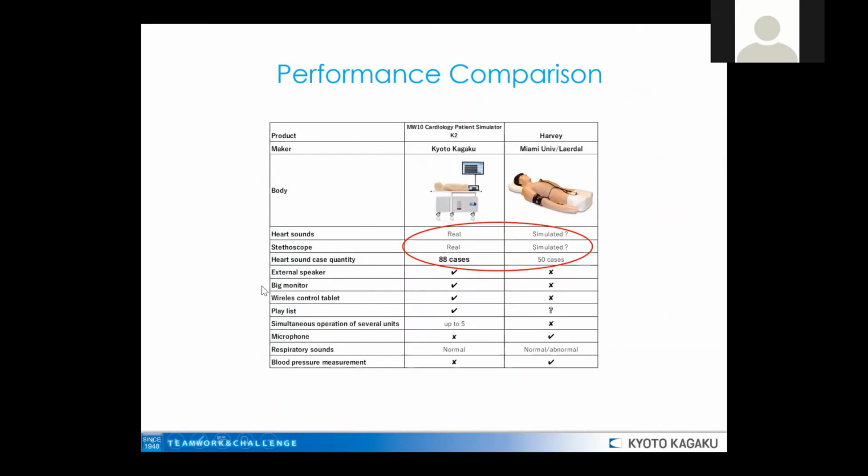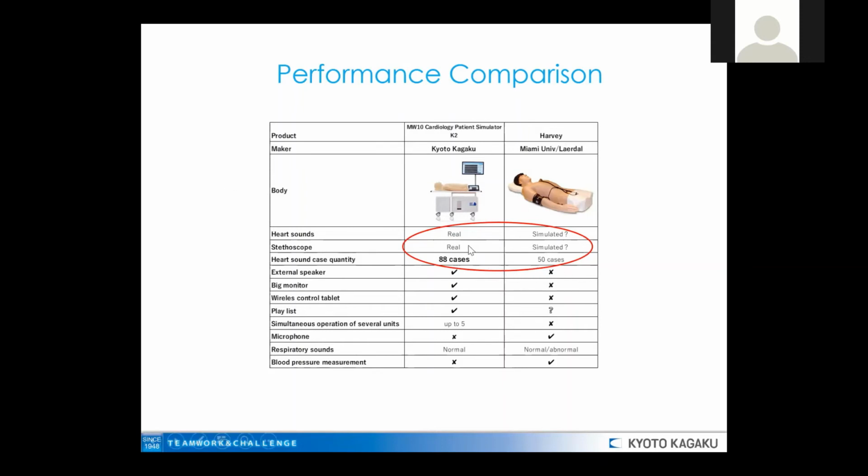The first one is the heart sounds, which in our model are realistic, totally real. The previous versions of Harvey used to be simulated. I'm not sure if the newest version is simulated or real, but in the previous one, it was not.